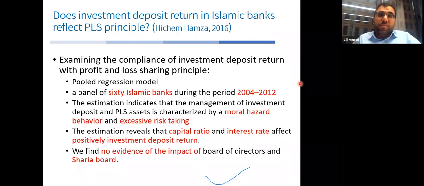And here Hisham Hamza showed us that even in PLS assets and PLS investment, there is a positive correlation between the rate of return of this PLS investment and the interest rate, for example, or the capital ratio.